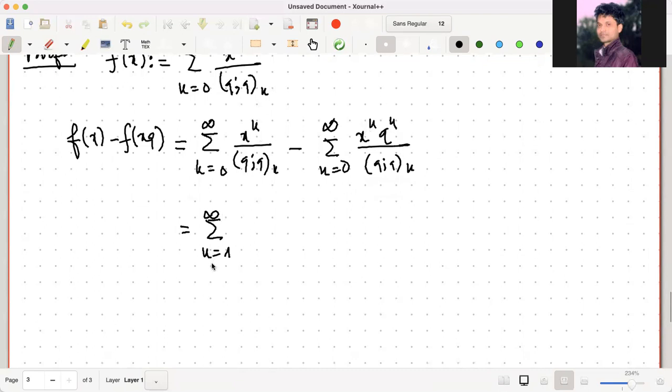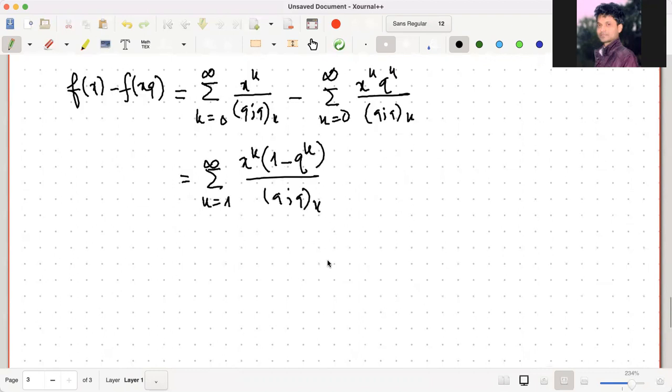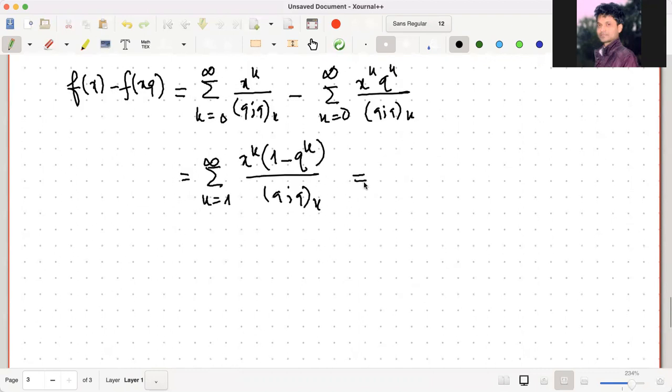So we can start from k equal to 1. So x to the power k will be factored out. So I'll have 1 minus q to the power k, over (q)_k. And I want to write this in terms of f(x), right? So this quantity in terms of f(x).